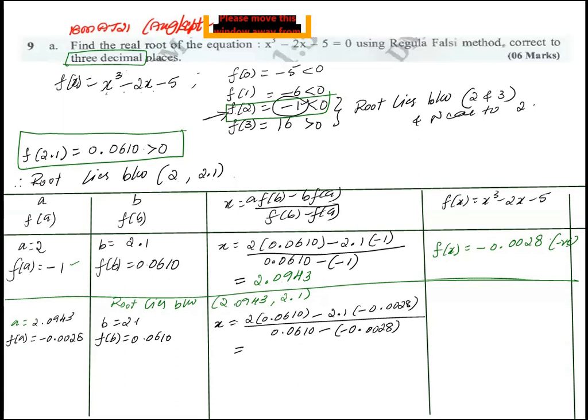Using the calculator, that is 2 into 0.0610 plus 2.1 times 0.0028, and denominator is 0.0610, negative into negative, plus 0.0028.